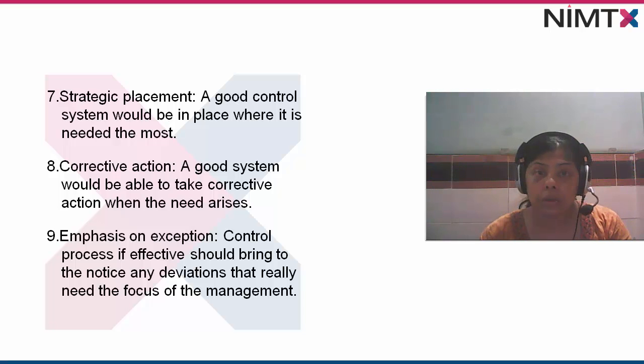A good control system would pinpoint the negative deviations and show them to the management.